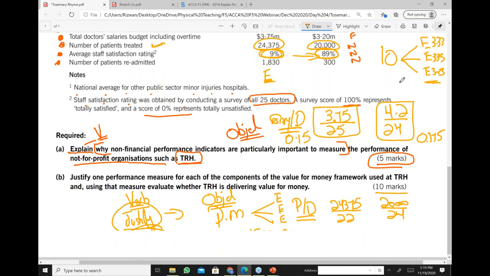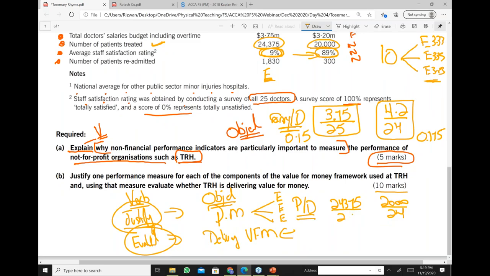So 975 patients treated by one doctor in our hospital. Whereas for the national, 833 patients treated by one doctor. So in our hospital, patients treated per doctor is 975, whereas national patients treated per doctor is 833.